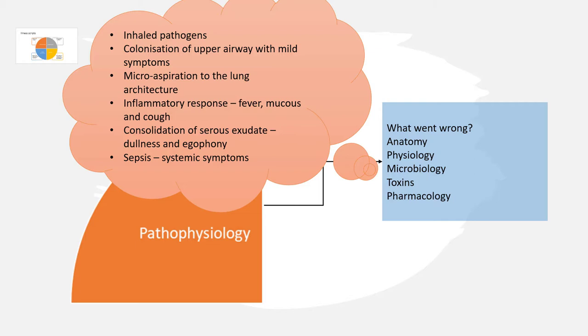In other words, they sound a heck of a lot louder over the area that's consolidated. And the severest presentations of community-acquired pneumonia are associated with sepsis, or in other words, the fact that the infection is no longer regionalised but has entered the bloodstream. This is going to produce systemic signs, including confusion and shock.